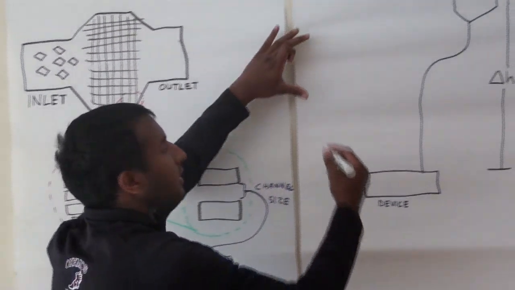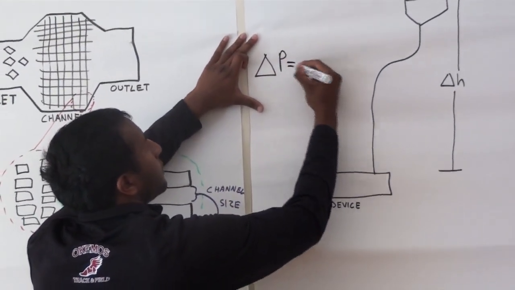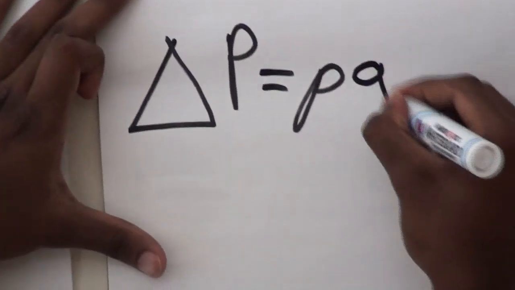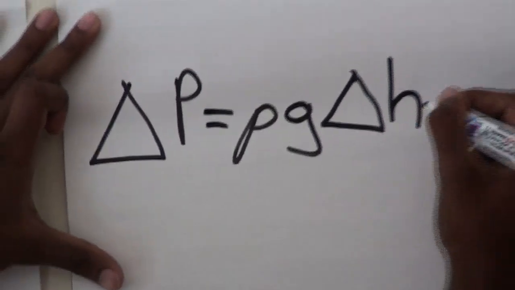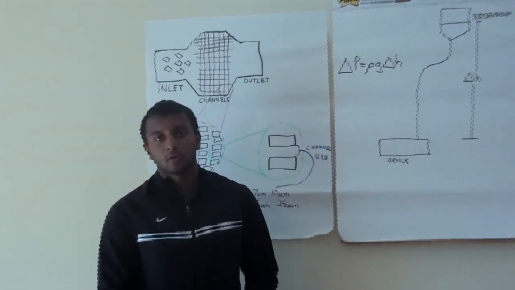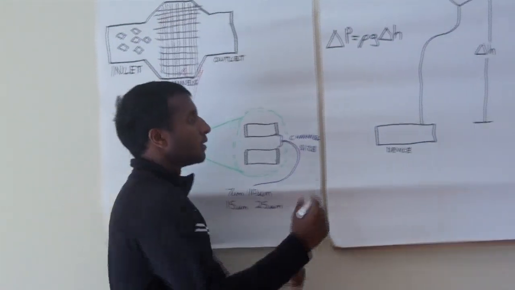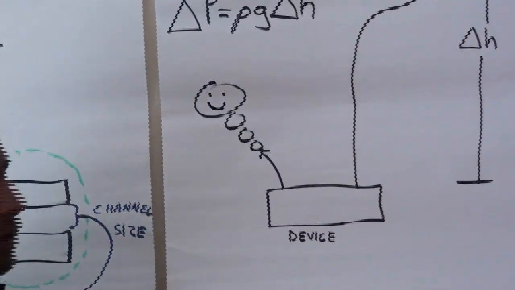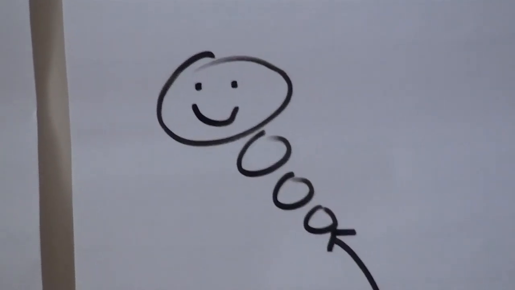This setup creates a constant pressure gradient equal to the density of the fluid times the acceleration due to gravity times the height difference. The ultimate goal of this experiment was to see what came out on the other side and compare the size distributions of the droplets before and after the filtering.